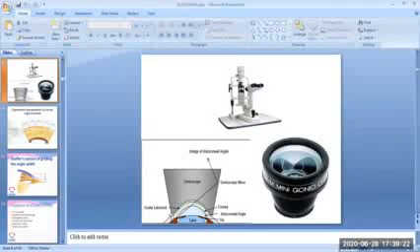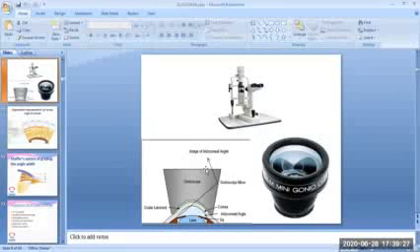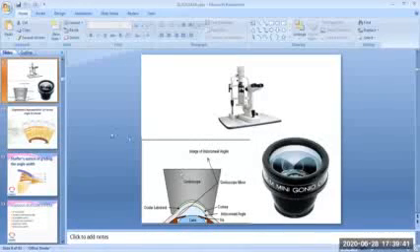The angle of anterior chamber will be visible through the gonioscope. There is a gonioscope mirror placed here, and there will be reflection of light. So this is how we will be able to see the image of the iridocorneal angle.